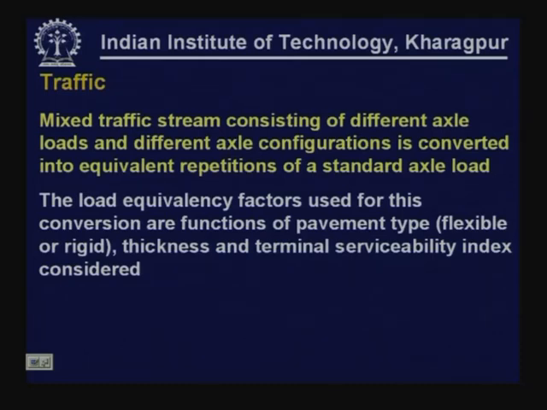So the equivalence factor converting a 30 kip axle load into an 18 kip axle load is not a unique number. It is not simply 30 by 18 to the power 4. We have discussed the fourth power law in the lesson where we discussed traffic considerations. It is not as simple as that. AASHTO has given different equivalence factors for different conditions.